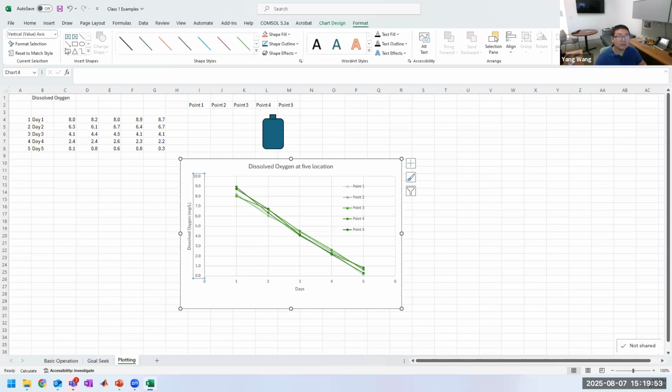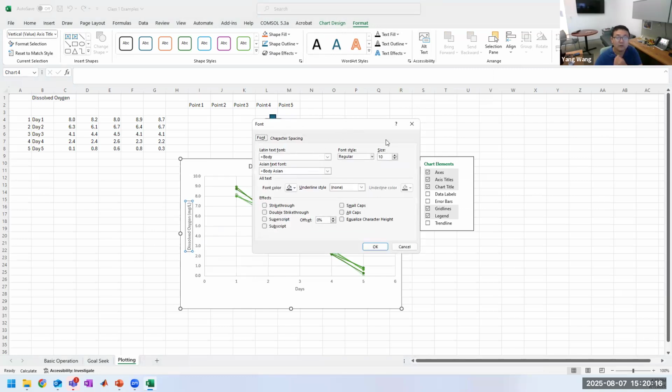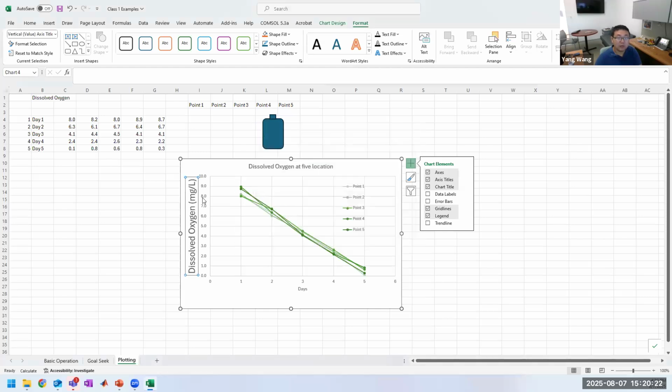you can go to format over here. Right, the font here. So you can choose the font. Let's say we choose the font size of 20, just to make it larger.